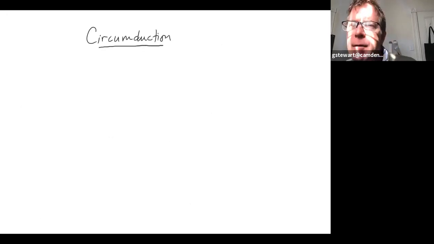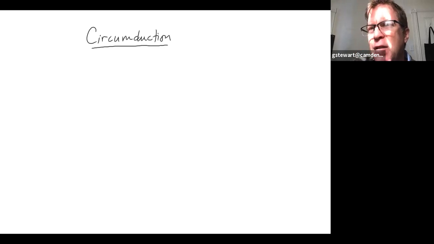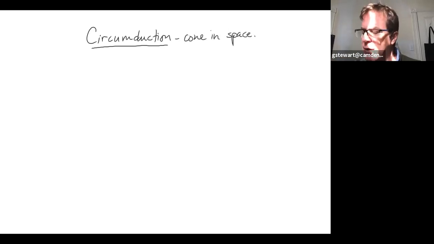Circumduction. Literally, it means scribing a cone in space with a limb. I'll go through these visually at the end. So I'm just going to write cone in space. What does that mean?